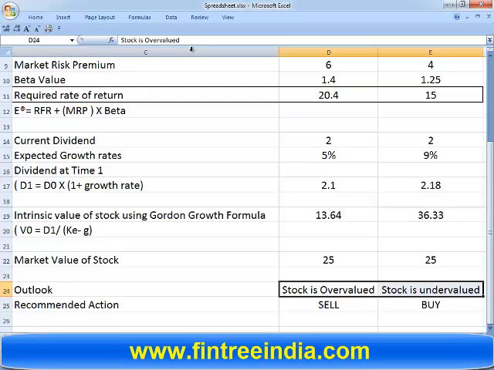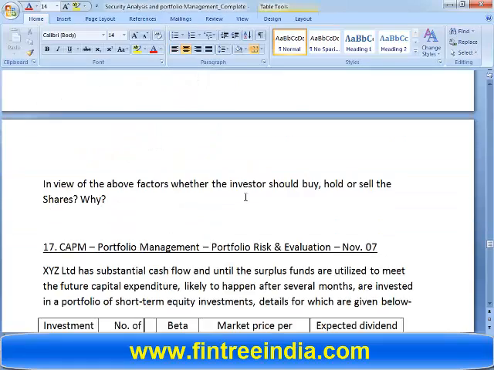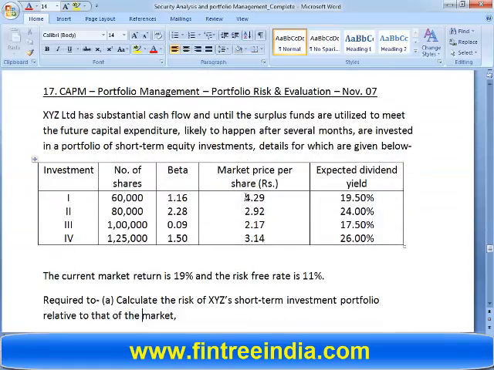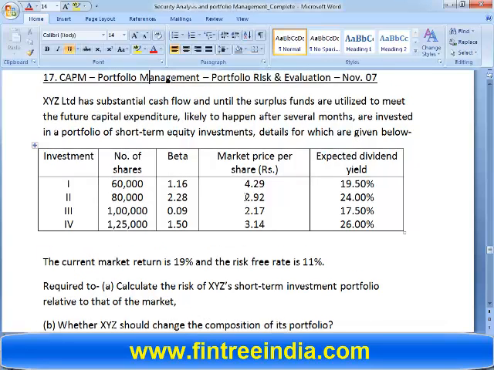Yes, are we done? Okay then, question number 18. CAPM, Portfolio Management, Portfolio Risk and Evaluation. XYZ Limited has substantial cash flows, and until the surplus funds are utilized to meet the future capital expenditure likely to happen after several months, are invested in a portfolio of short-term equity investments, detail for which are given below.